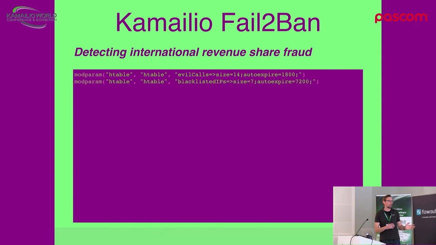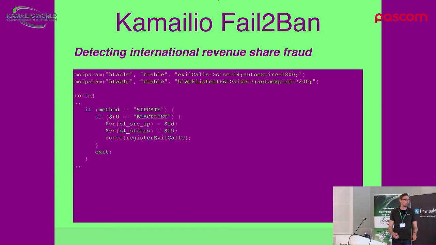On the receiving side, we have two hash tables. The one we call evil calls has an auto expire value of half an hour. So each entry is in there for half an hour, and then gets cleaned up. And the other one is the blacklisted IPs with an expire value of 2 hours.